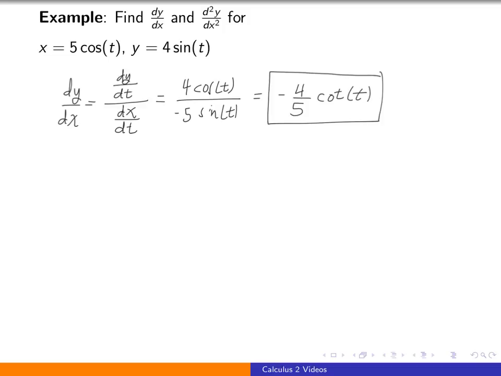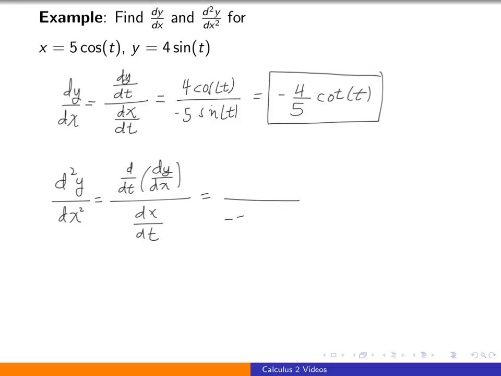And we will now use this first derivative to find the second derivative. So recall that this second derivative of y with respect to x, the formula is d dt of dy dx divided by dx dt. So the dx dt that we see appearing in the denominator is not something we have to do any extra work for. We take the denominator above and we rewrite it down, minus 5 sine t. The only new thing we need to do for this second derivative is to compute the derivative with respect to t of the dy dx that we found in the previous step.